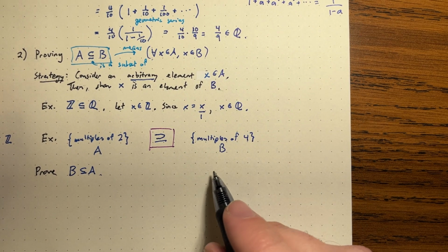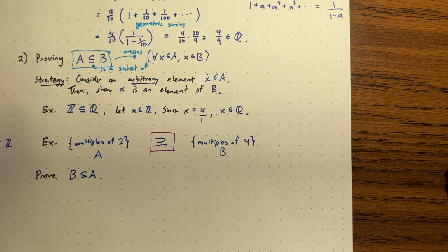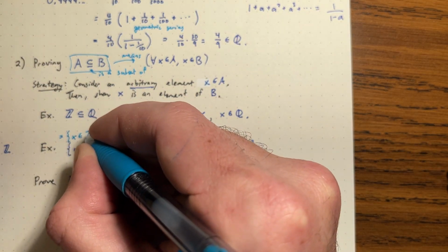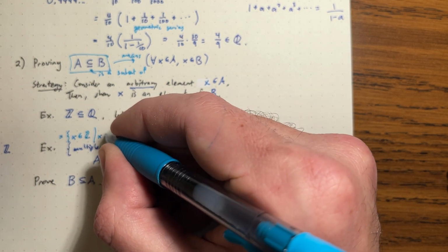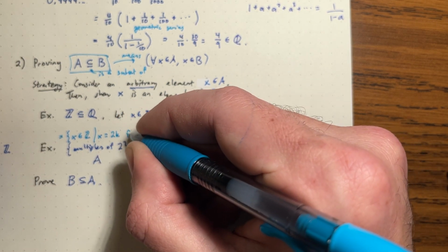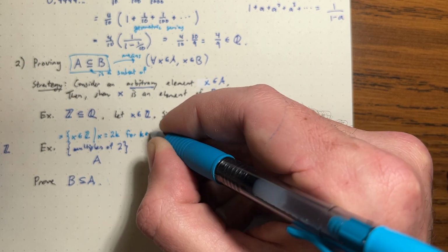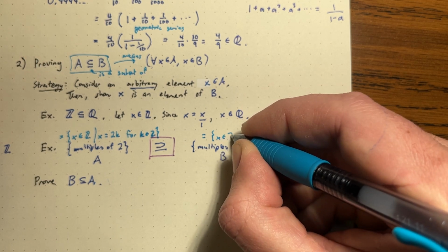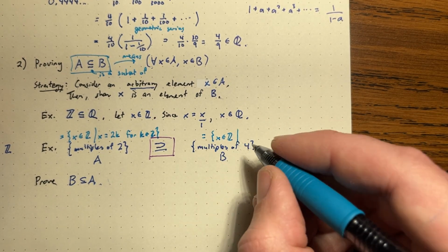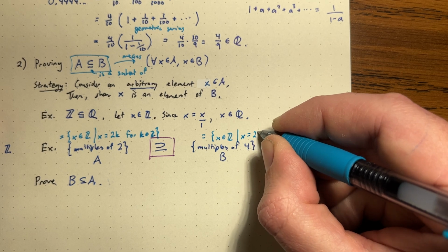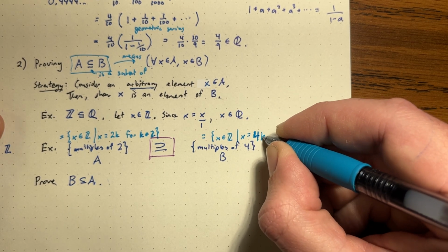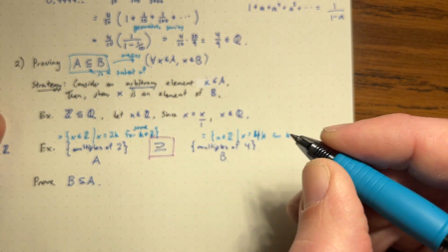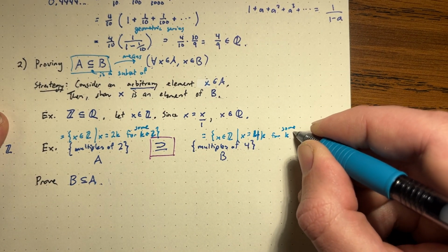Okay, and just to remind you, so what are multiples of 2? In other words, even numbers. They're x in Z such that x is 2k for some integer k. This is good practice. Try to write this out on your own too. And B is the same, the integers such that they're of the form 4 times k for some integer k.